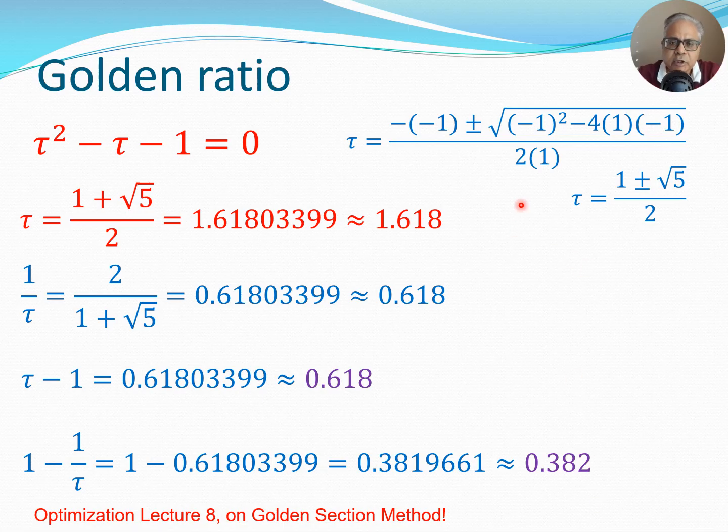Now some people actually use the ratio, that is (1 plus root 5) by 2, in the algorithms, but when you are dealing with computers, why subject them to these long series of numbers? Like I mentioned, this is a number which goes on and on. Instead, for our purpose, it's a good idea to truncate it to 1.618 and then use 0.382 as the second number. I'm going to illustrate this in the example today.